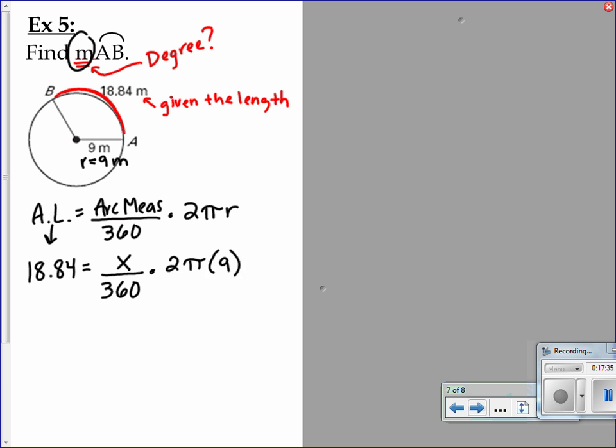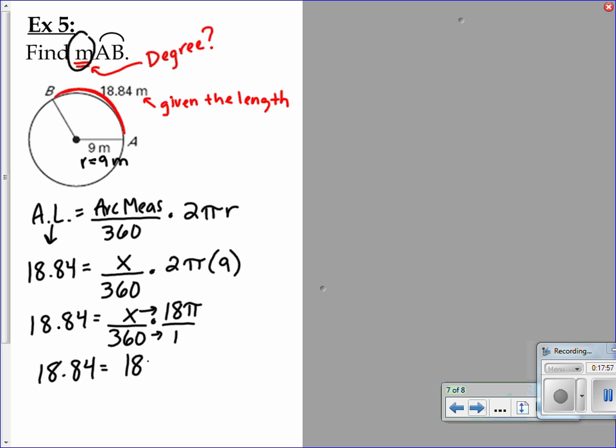All right, so let's just do what we can. I'm going to leave this 18.84 over here. This is just x over 360. I can multiply my 2 times 9, which is 18 pi. I can still put this over 1, go straight across. But I have 18.84 on the left equals 18 pi x over 360.